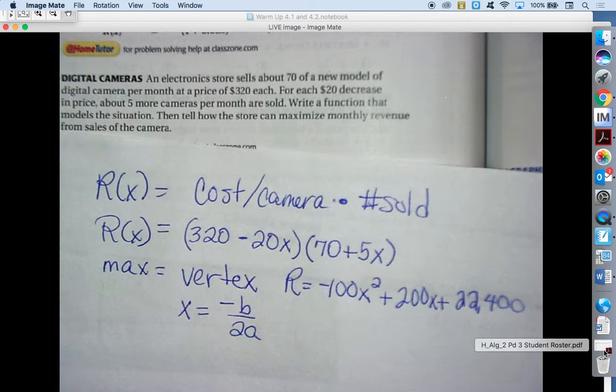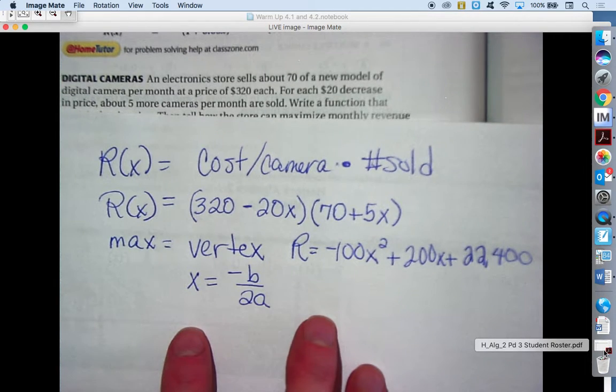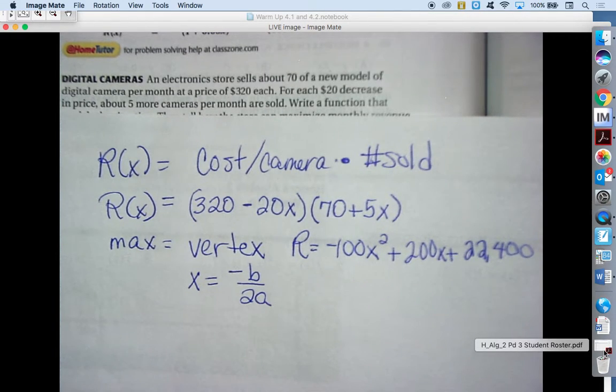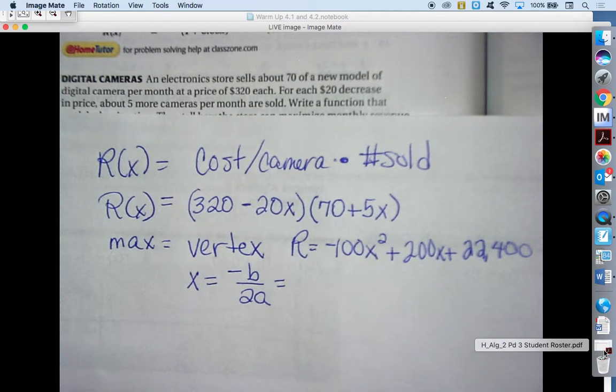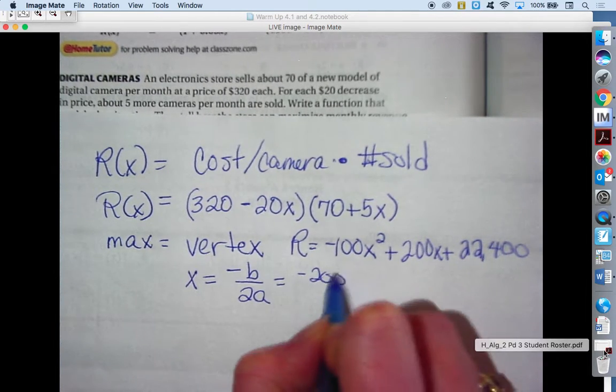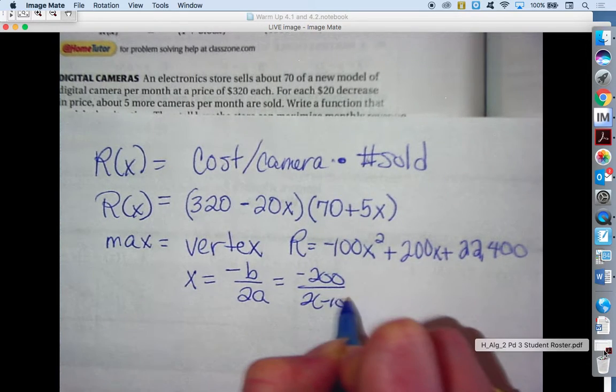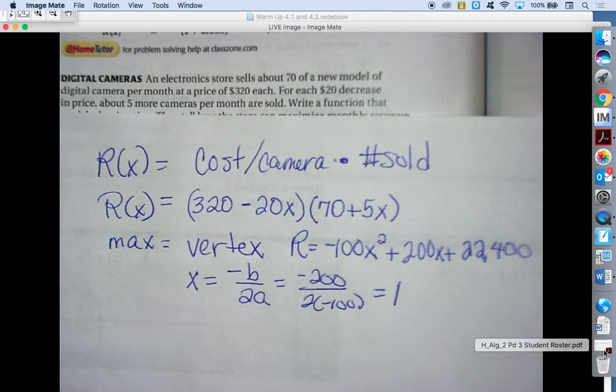So that would be the 2 parentheses foiled. When you FOIL them, you get negative 100x squared plus 200x plus 22,400. So if I'm finding the max, we have to first find the axis of symmetry, which would be negative 200 divided by 2 times negative 100. That gets you a value of 1.